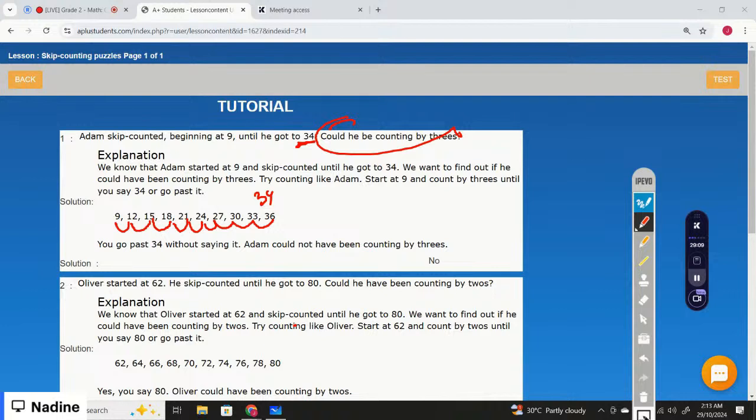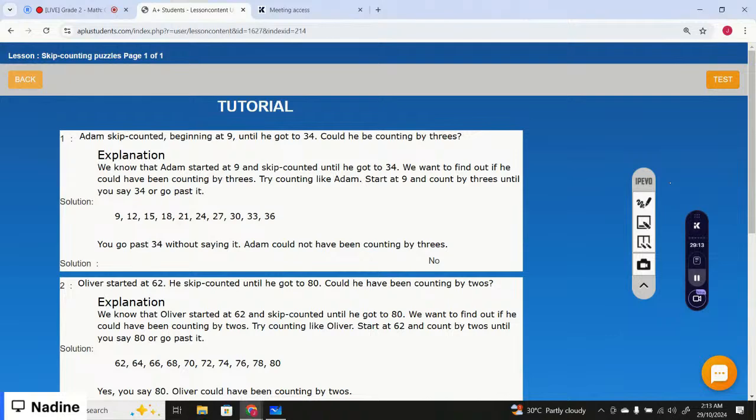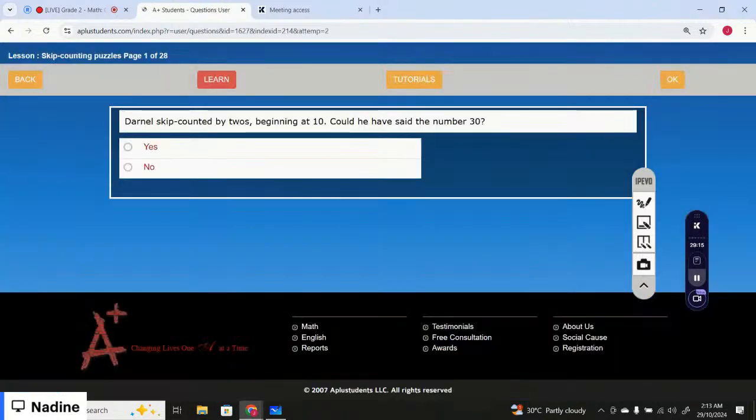Okay, let's just start with the test questions. Daniel skip counted by twos beginning at 10. Could he have said the number 30?